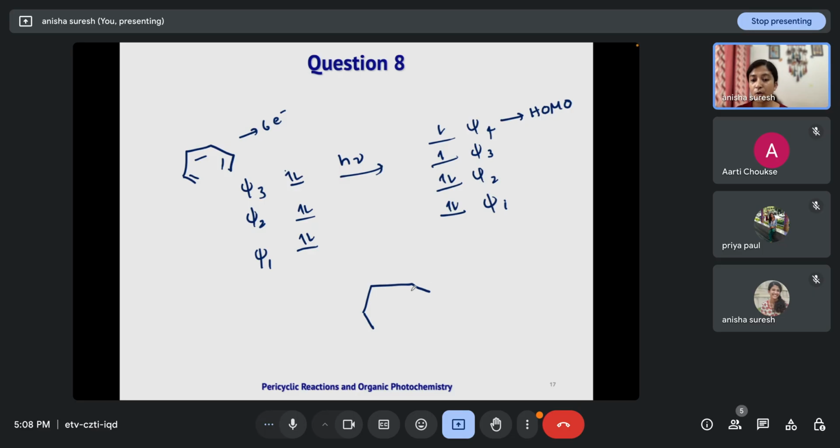So if we draw psi 4, it will have 3 nodes, right? Yes, psi 4 will have 3 nodes. So we can mark like this. So here the 3 nodes will be coming. So this will be the psi 4.